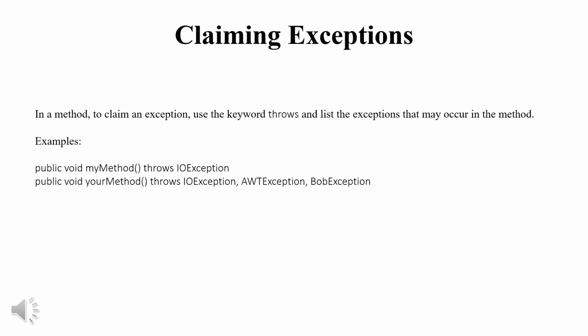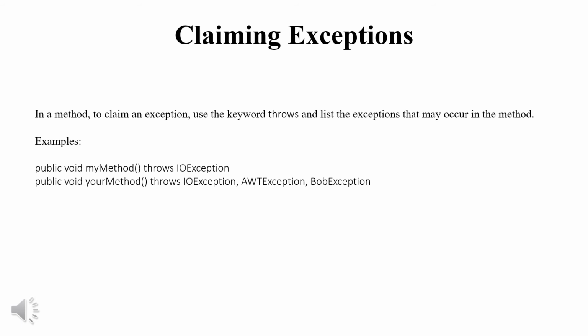And then the keyword throws, and after this keyword, you write the name of that exception, here IOException. So by writing this, you say that you expect this type of exception to happen inside your method.